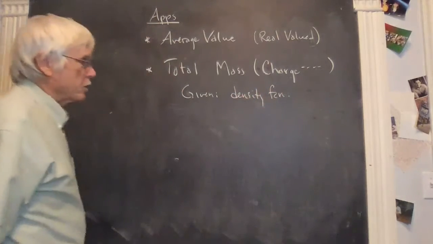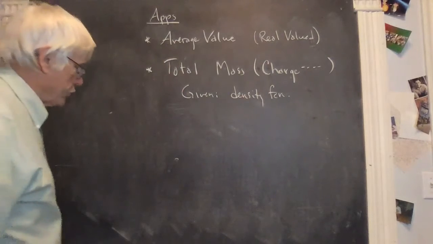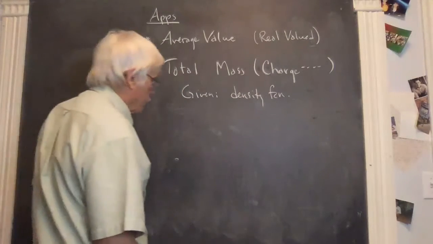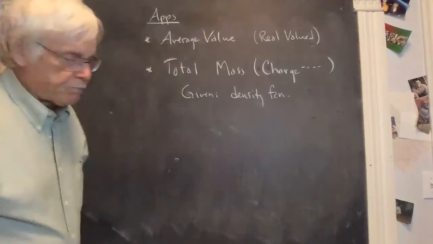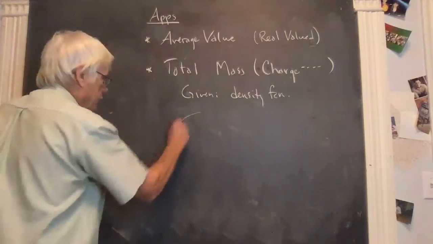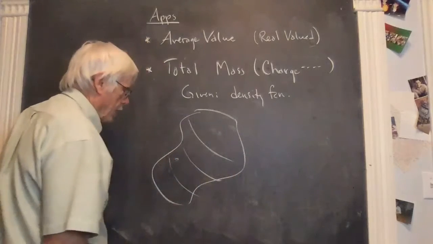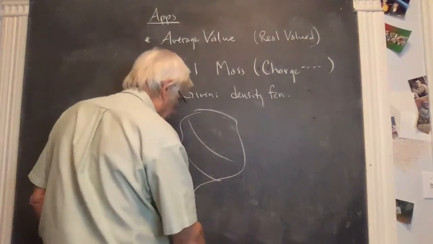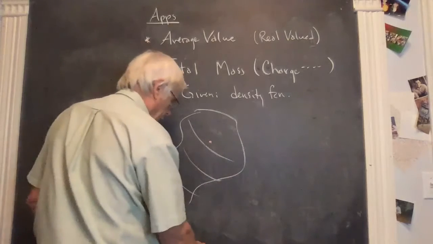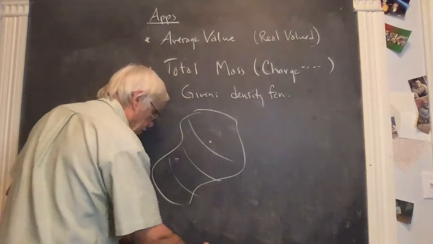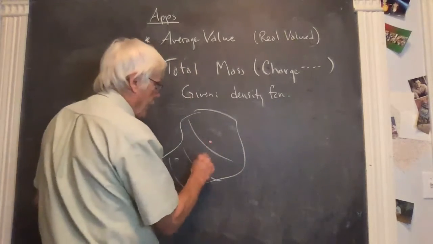I thought I'd just talk a little bit about what the density function is. If you have some solid object, so this should be looking like a three-dimensional object, and you take a point in it, here is how the density function is defined.